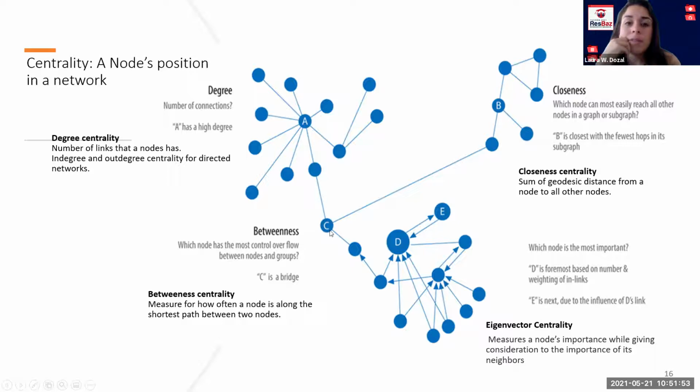Because without C, none of these 3 subgraphs around here would be connected, right? Every node in each of these graphs needs to go through C to get to the rest of the network. And so C's betweenness is very high because it's kind of like the gateway to other parts of the network.